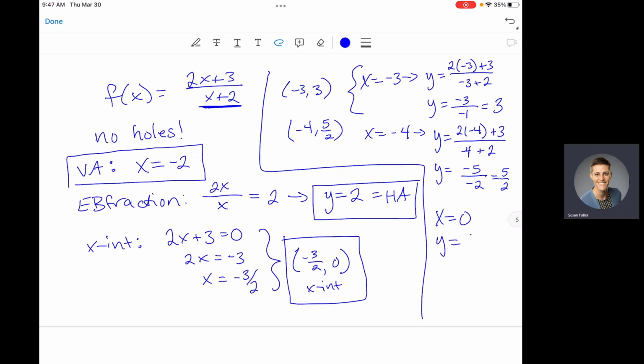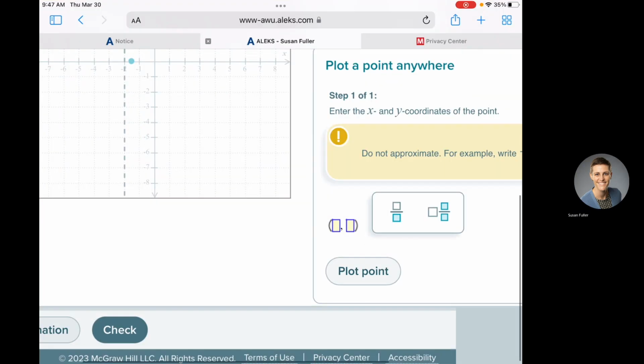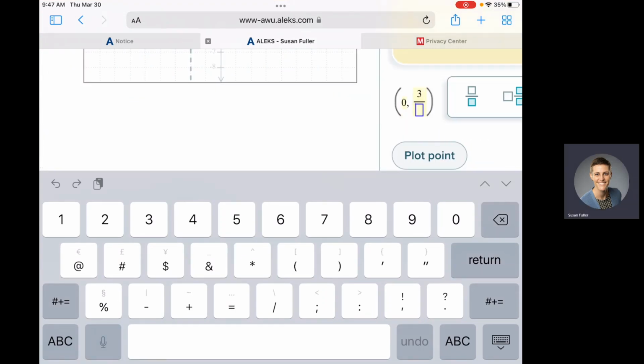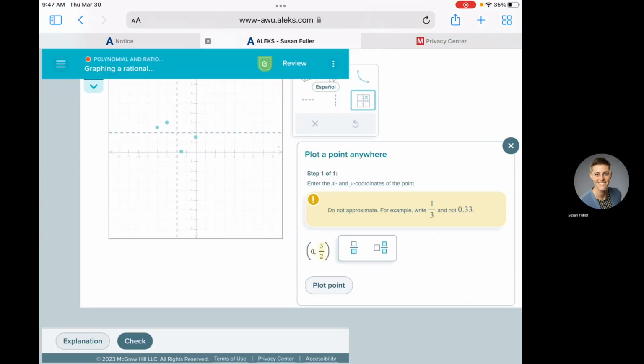Then y is going to be 2 times 0 plus 3 over 0 plus 2, which means y is going to be 3/2. So I also have the ordered pair 0, 3/2. So I will plot that one as well. 0, 3/2, and I'll tell ALEKS to plot that point for me.